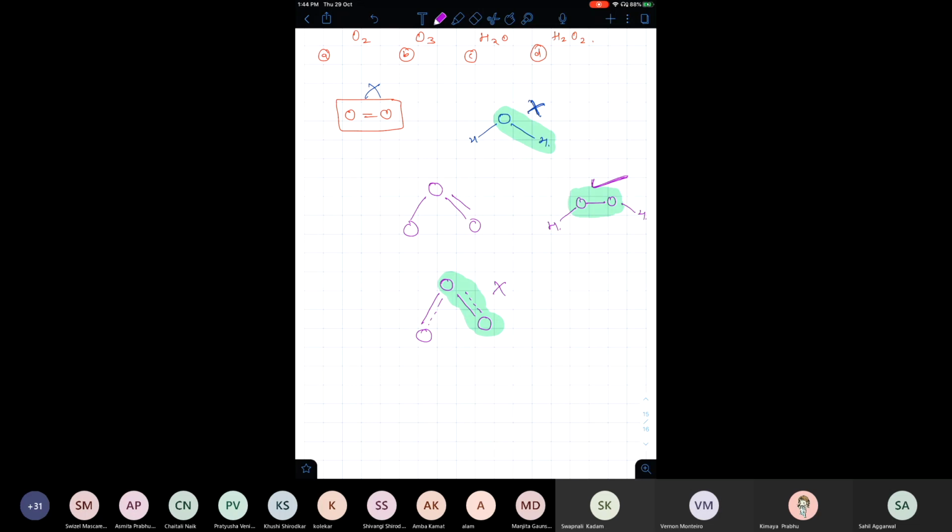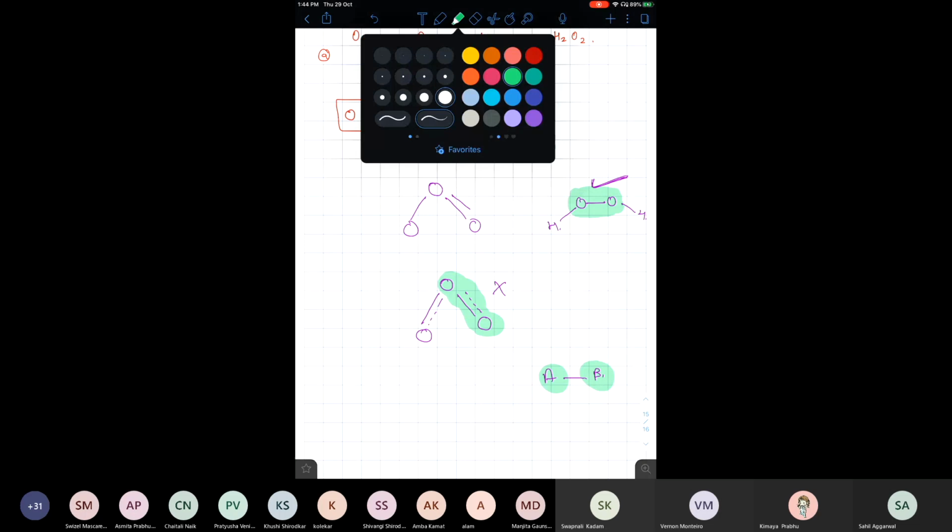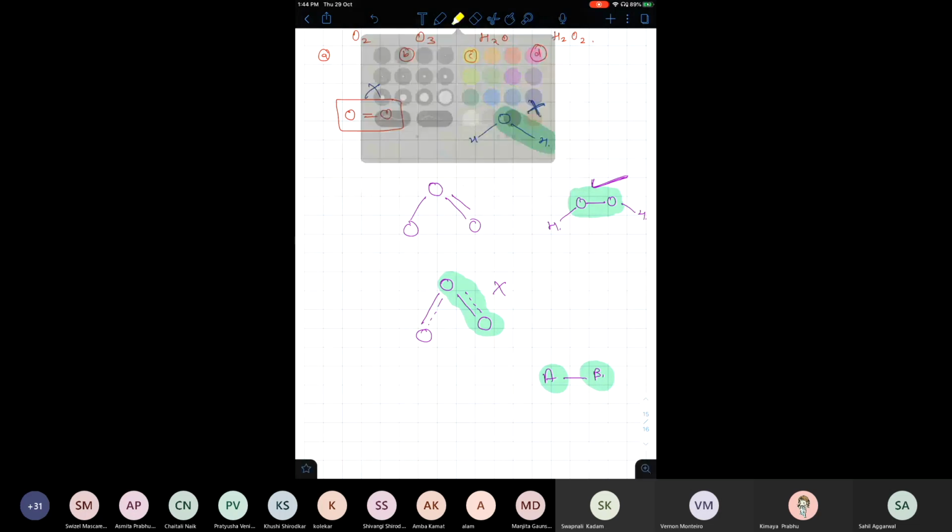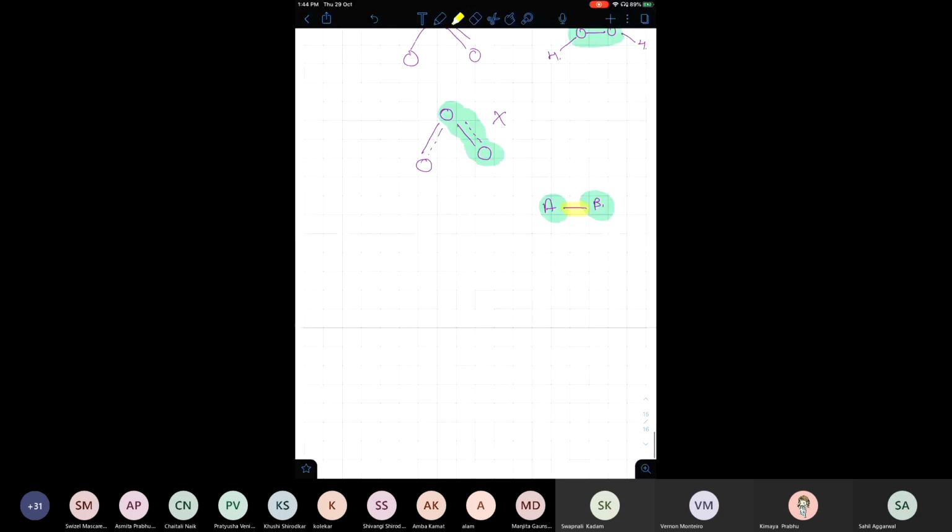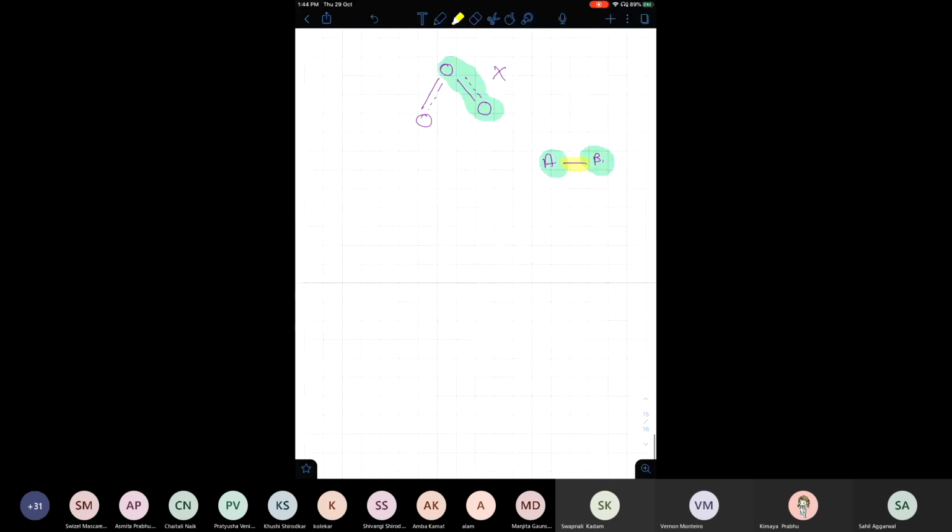Why we cannot calculate it between two different atoms? Because different atoms will have different electronegativity. So they can change the bond length, which can decrease or increase the bond length.